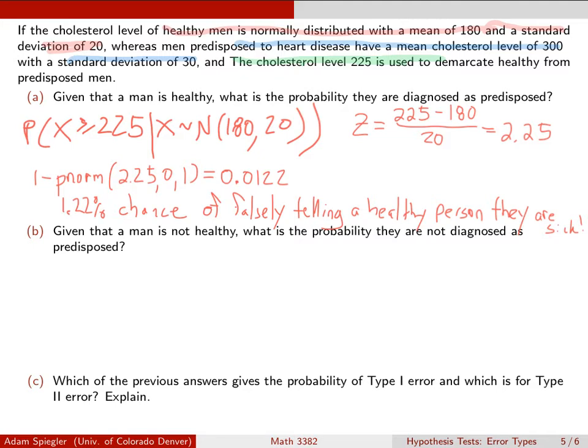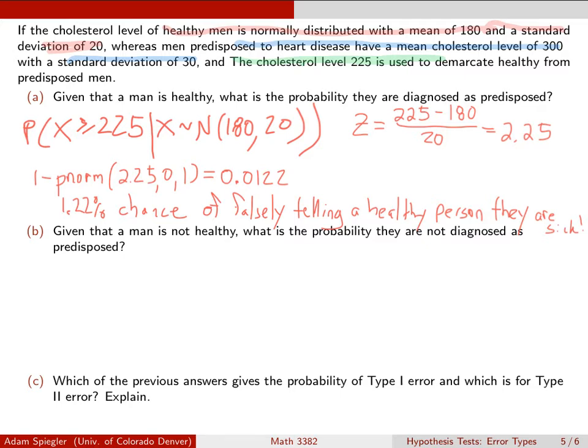Moving on to part B, now we're asking what's the probability of making an error in the sense that we have a guy who actually is not healthy, so they're coming from the population that has a mean of 300. What are the odds that they have a cholesterol level less than or equal to 225, so they would be told that they're healthy when they are not?